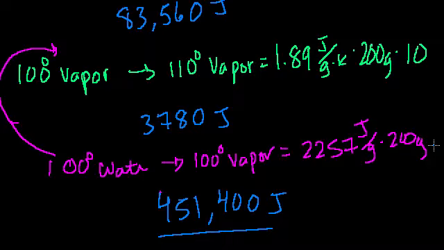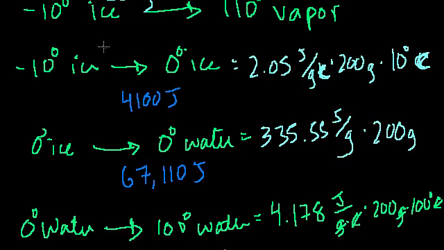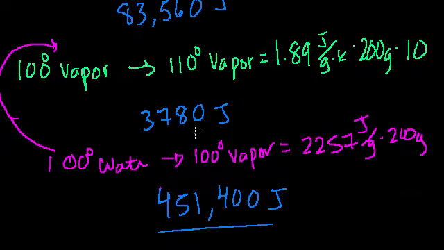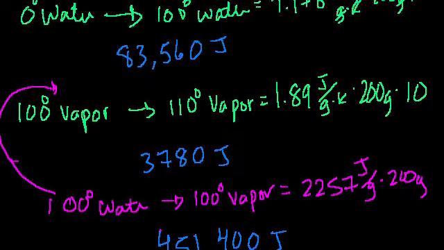So to know the total amount of heat that we had to put in the system to go from minus 10-degree ice all the way to 110-degree vapor, we just add up all of the energies we had to do for all of these steps. So let's see. And I'll do them in order this time.